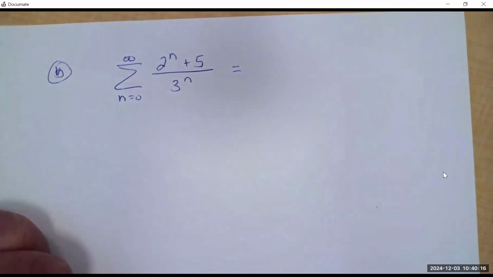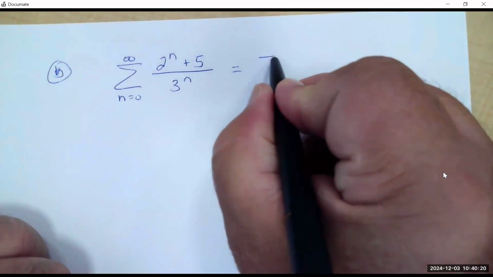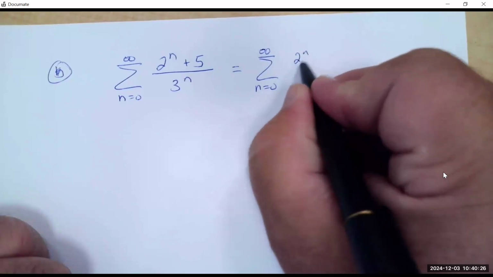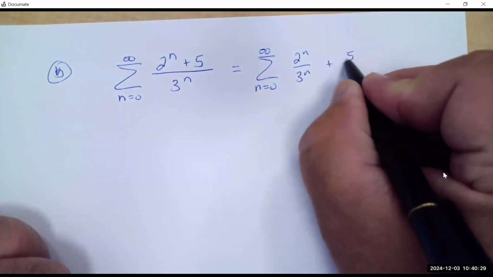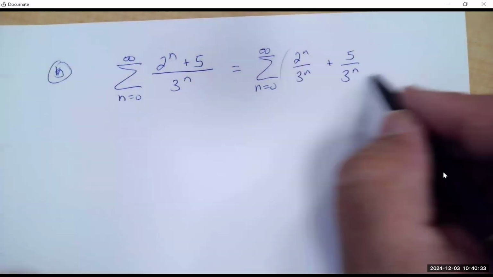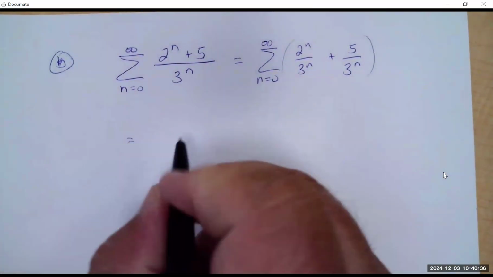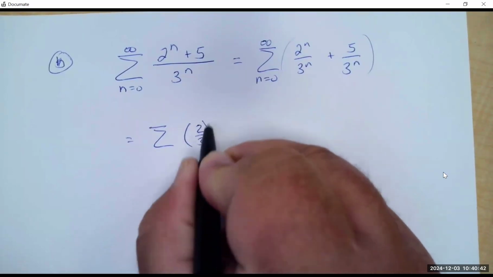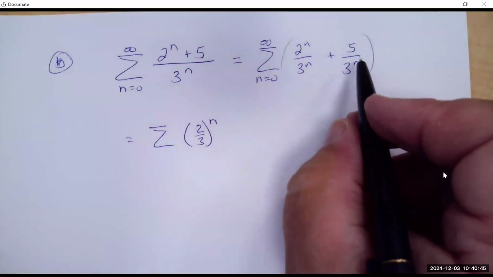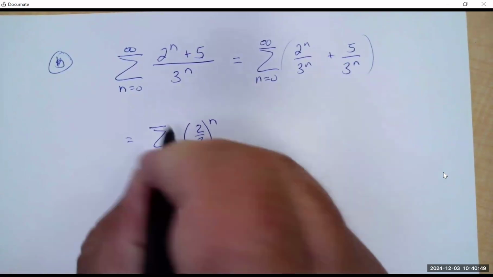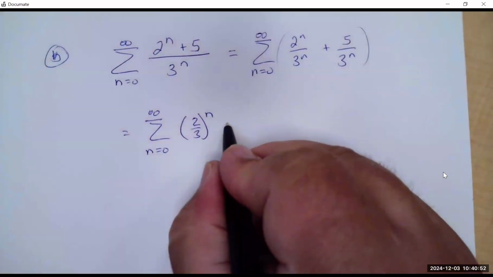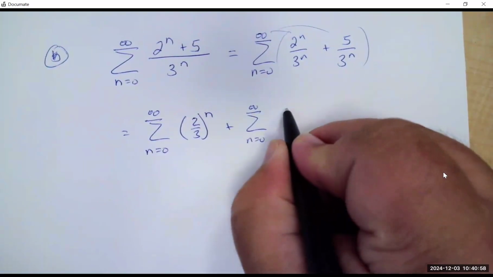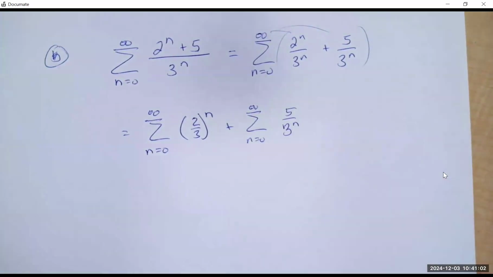Remember, when I started off originally, the way I was going to do it: since there is a monomial on the bottom, it's the same as in this one, 2 over 3 to the power n, as n goes from 0 to infinity, plus the summation of 5 over 3 to the power n.